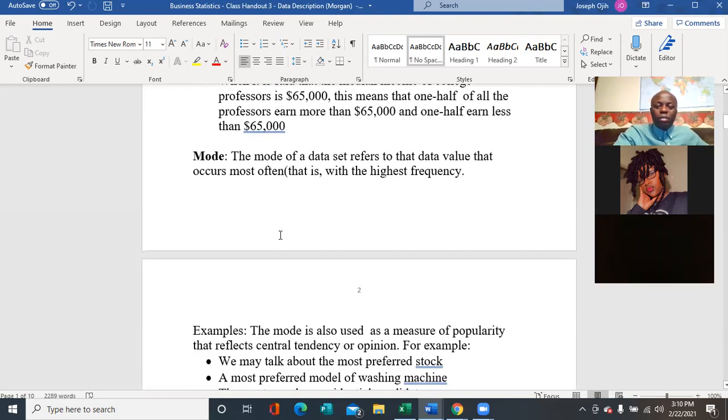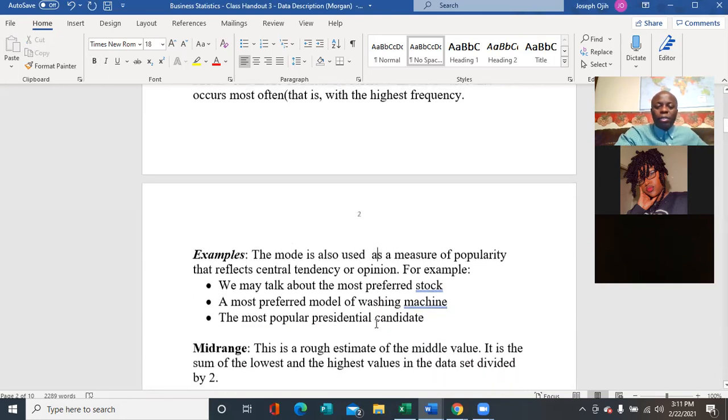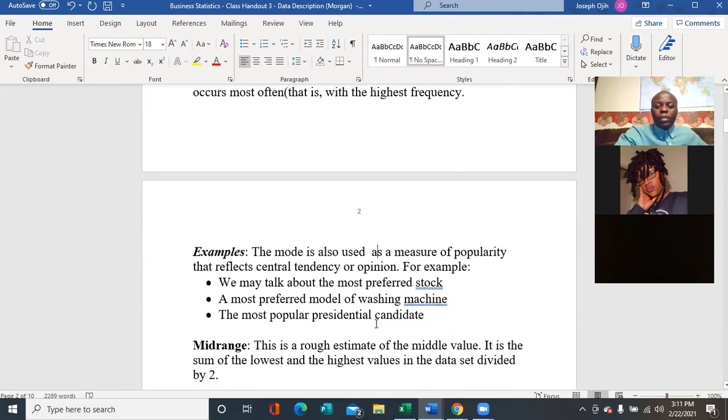The mode is the value that occurs most often. Let me apply this to a real life situation, for example, the stock that sells most in the stock market. I think Amazon stock is selling so fast.